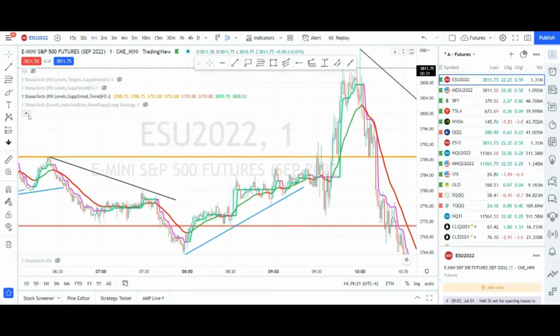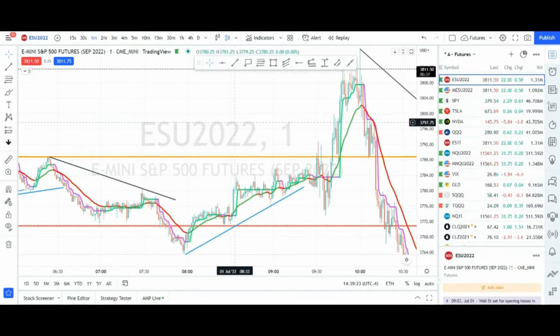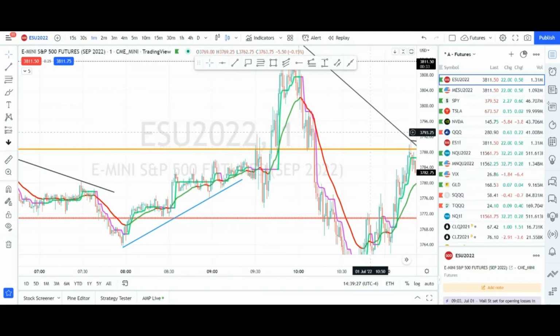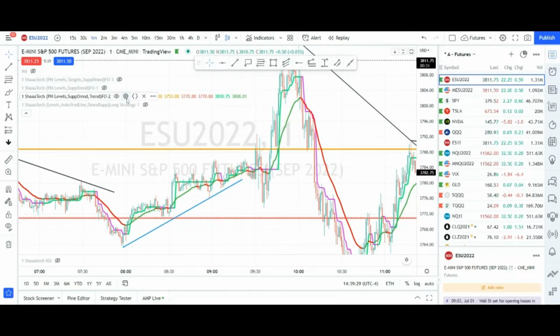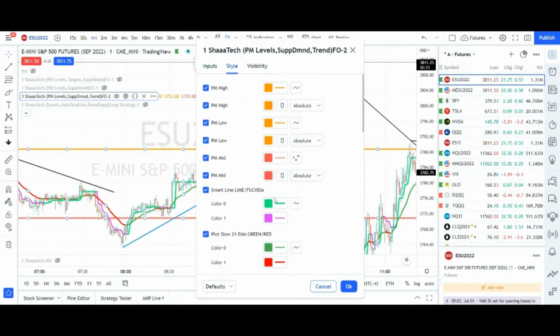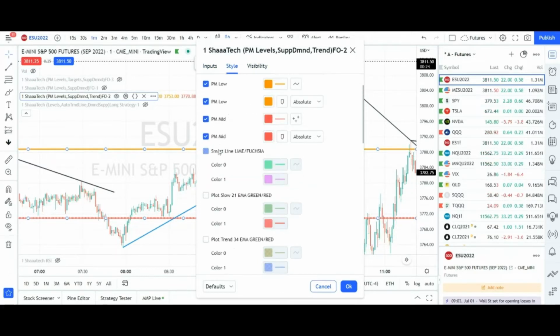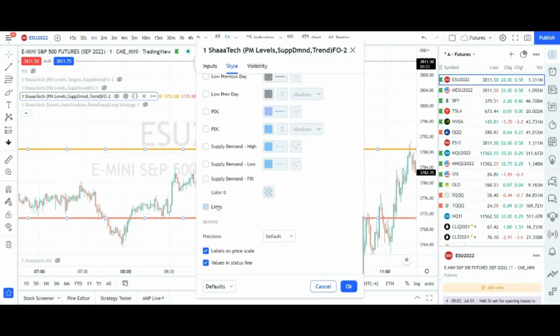So this is the way I'm benefiting from my indicator. I don't need to draw anything manually. I can also switch off these things, so it will not create any problem for you.